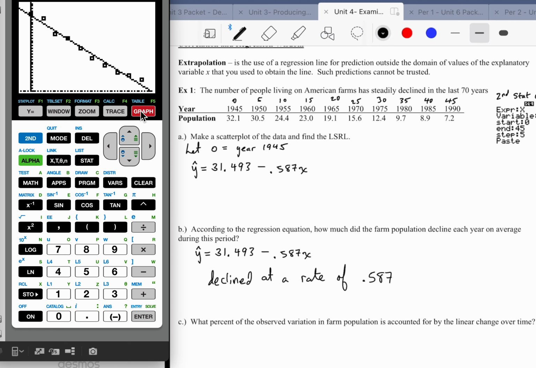I would imagine that in 1990 we probably had more than 7,200 people living on American farms throughout the country, so it's probably in millions. I suppose it could be hundreds or thousands, but the most likely one is millions. So it declined at a rate of 0.587 million per year.